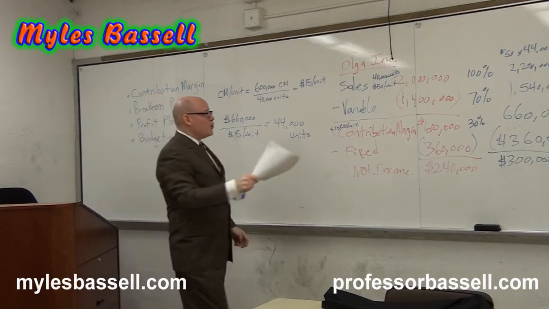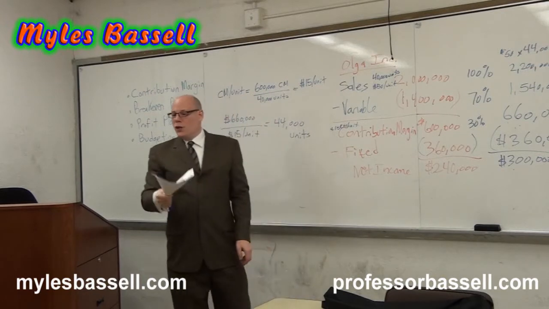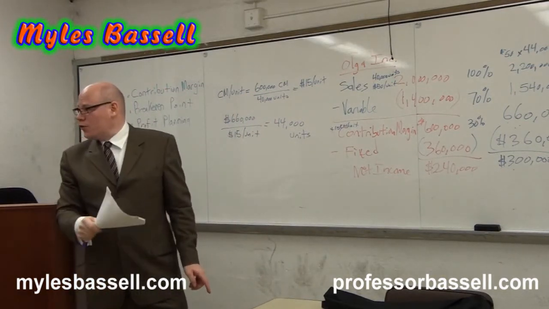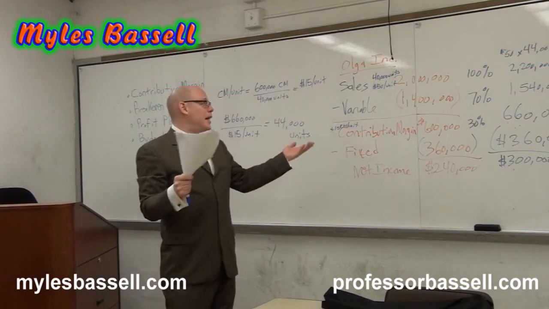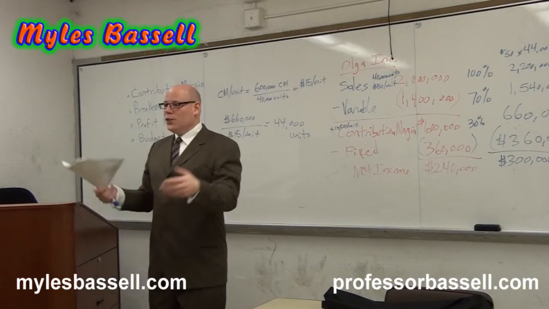We're going to have to sell 10% more units. When you go to Abigail and her team with that, she's going to think we're crazy. What do you mean? We're already selling 40,000 units. Now you want us to sell 10% more? How are we supposed to do that?